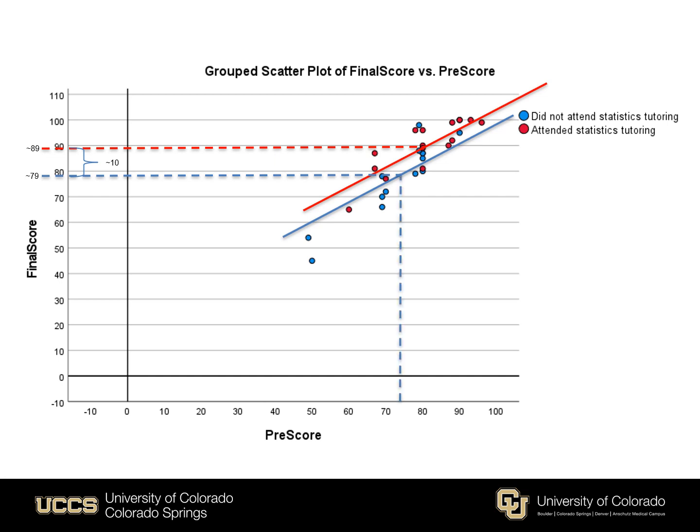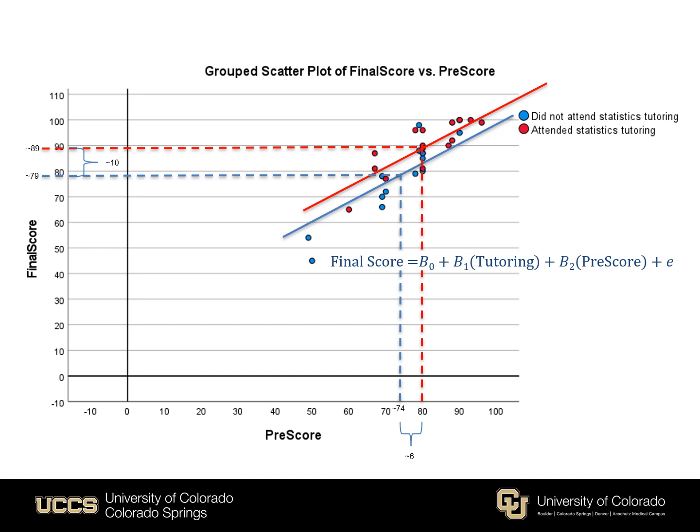So what I'm going to do here is, from the middle of the blue line, indicating the average pre-score of the no tutoring group, extend that line down, and I see that the average for the no tutoring group is about 74. That's their average pre-score. And I can do the same for the students who attended tutoring, and I can see that there's a difference there at baseline of about 6 points.